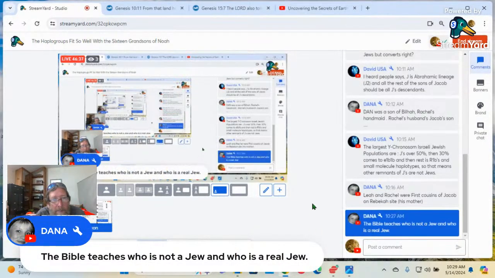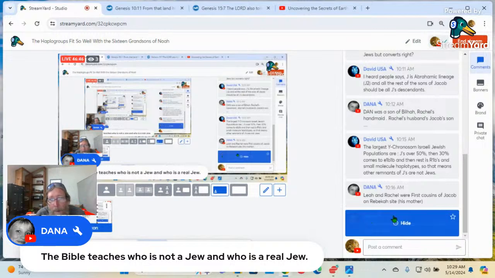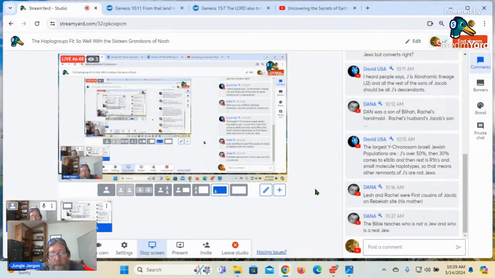So the Bible teaches who is not a Jew. Yeah, there's the so-called Jews who claim to be Jews who are not Jews, but it could be interpreted two ways, I suppose.